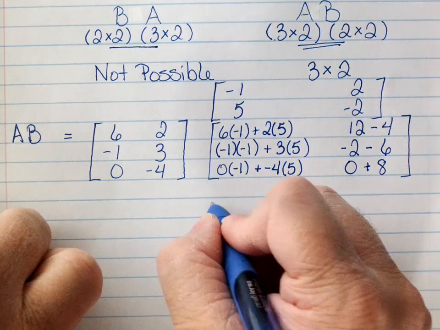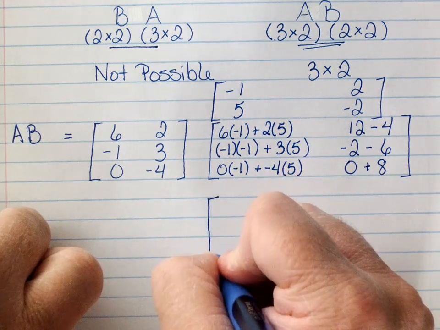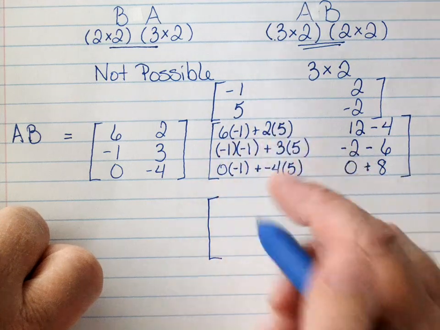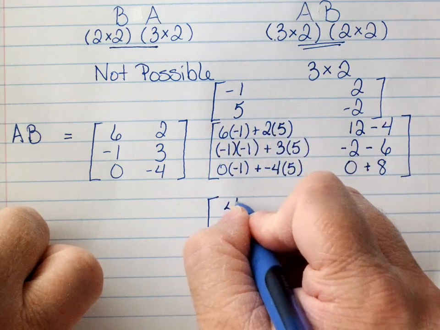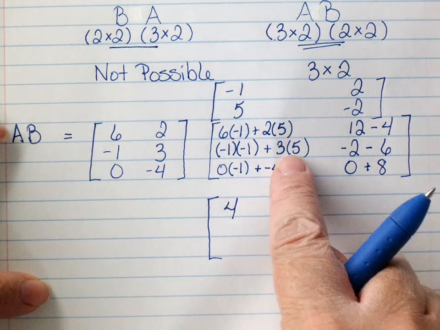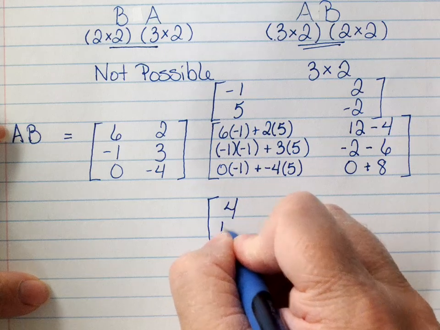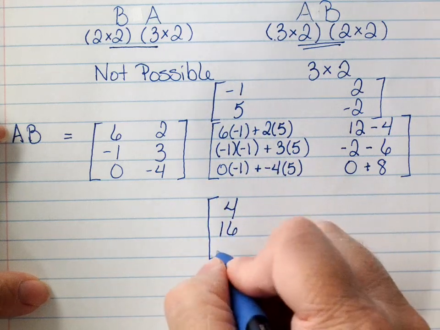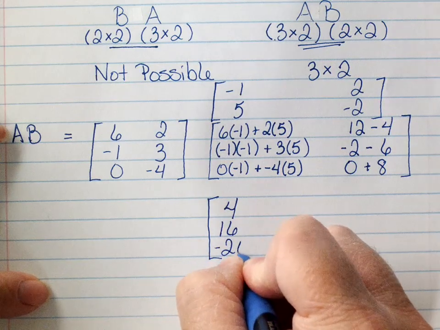So now we simplify everything. I've got negative 6 plus 10, so that's going to be a 4. I've got 1 plus 15, that's going to be 16. 0 minus 20, so that's going to be negative 20.